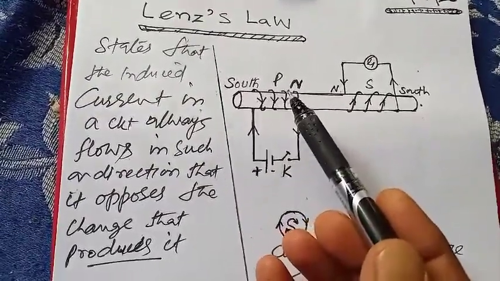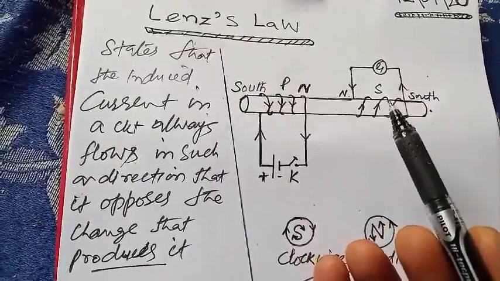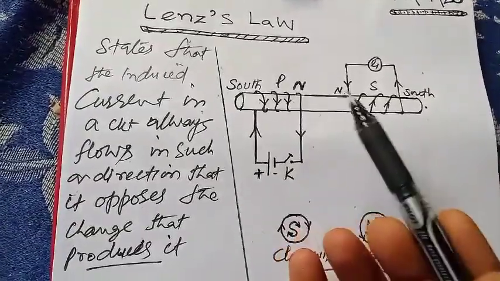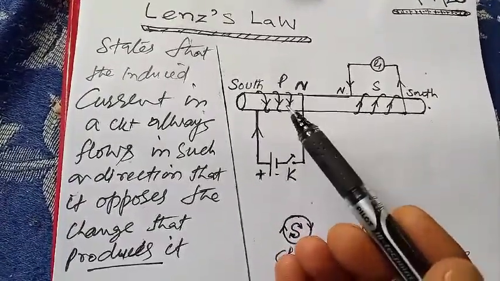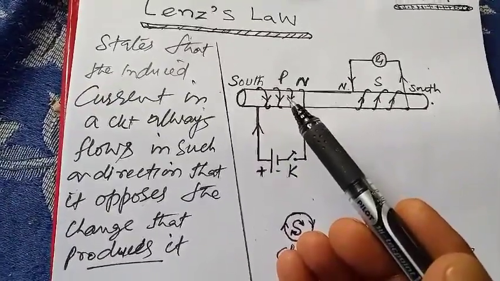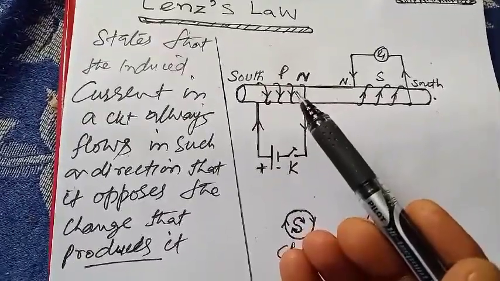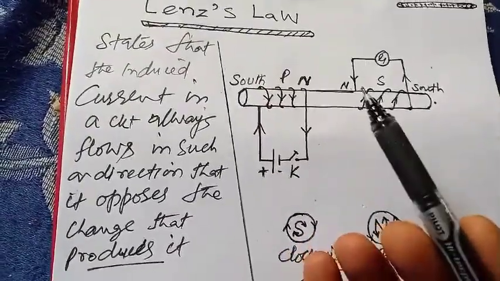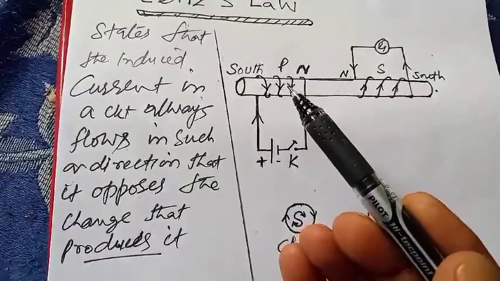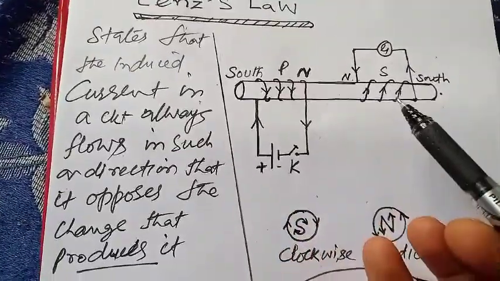So the change here is the magnetic flux, and as per the law, the current flows in such a direction that it opposes the change that produces it. That means it flows in such a way that it opposes the changing magnetic flux through the primary coil. This is the primary coil, this is the secondary coil.